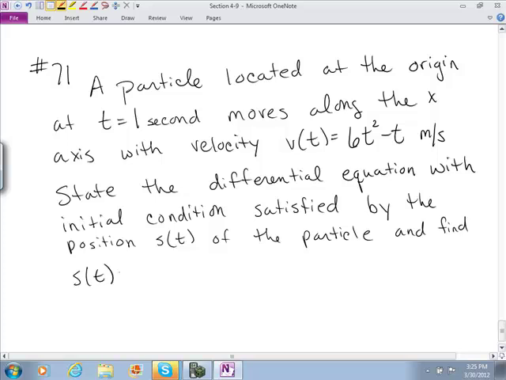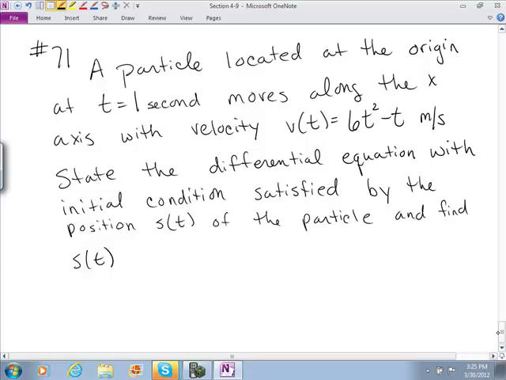Okay, now we know that the derivative of position is velocity. So we know that ds dt is equal to v of t, the derivative of position, remember position is s. Now they gave us an initial condition. It's kind of hard to figure out, but it says it's located at the origin at t equals 1 second.